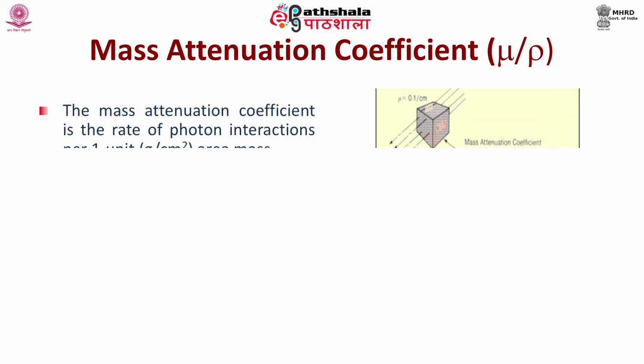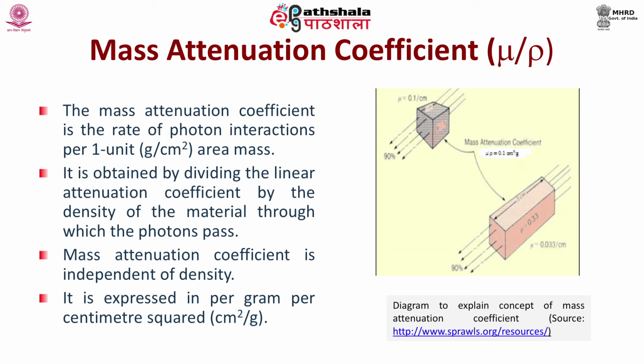The mass attenuation coefficient is the rate of photon interactions per unit area mass. We know that area mass is the thickness multiplied by the density. So the attenuation caused by the area mass is the mass attenuation. It is expressed in centimeter squared per gram.